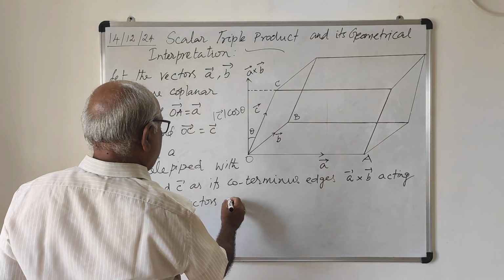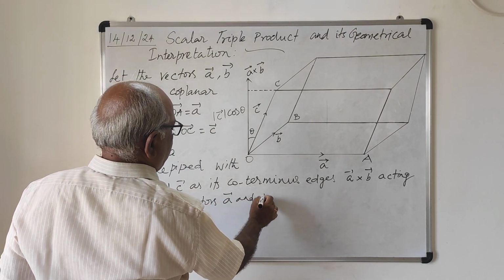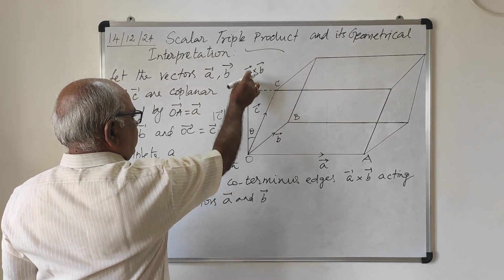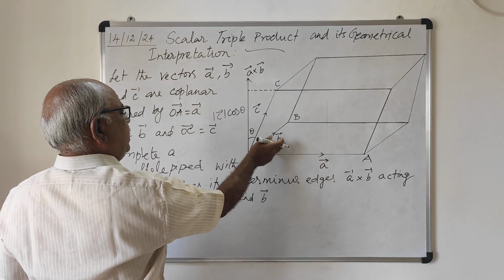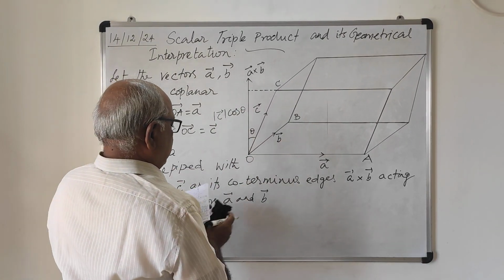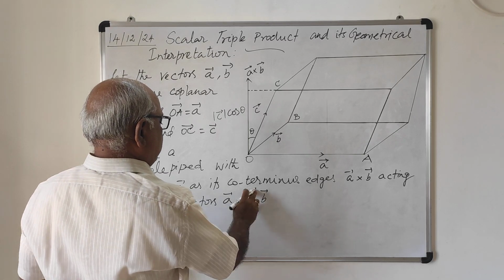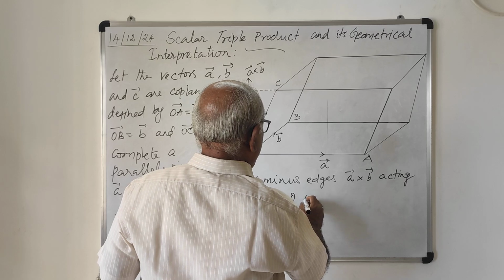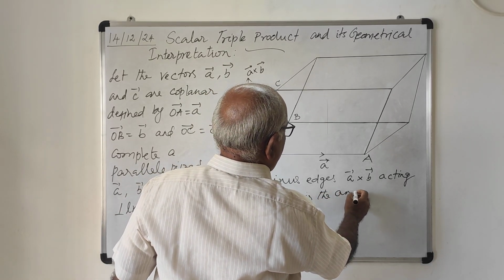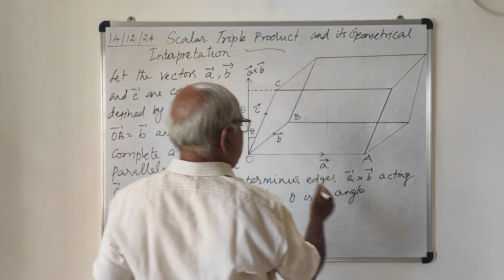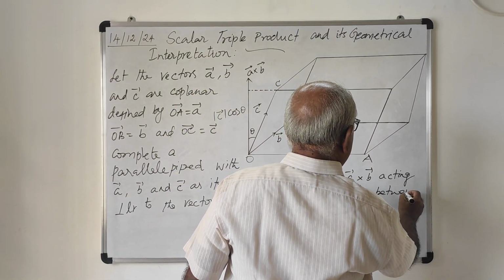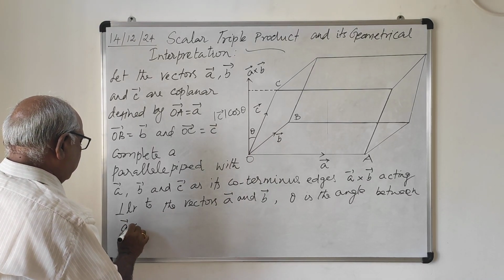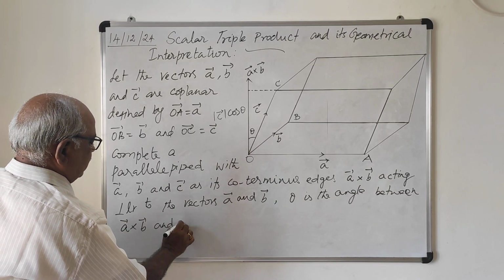And theta is the angle between the vector A cross B, acting perpendicular to both A and B, and the vector C.